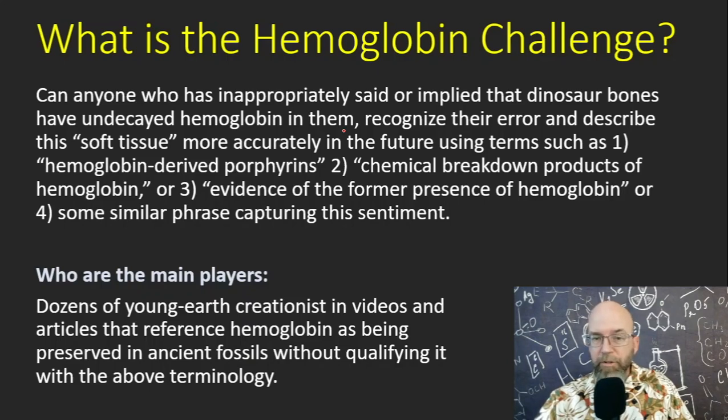But also mainstream young Earth creationist organizations that, when they write articles about soft tissue, are not careful about describing the findings and recognizing the difference between what this particular preserved biomolecule is compared to a modern biomolecule. And then, of course, there's a wide body of literature that includes that as well.